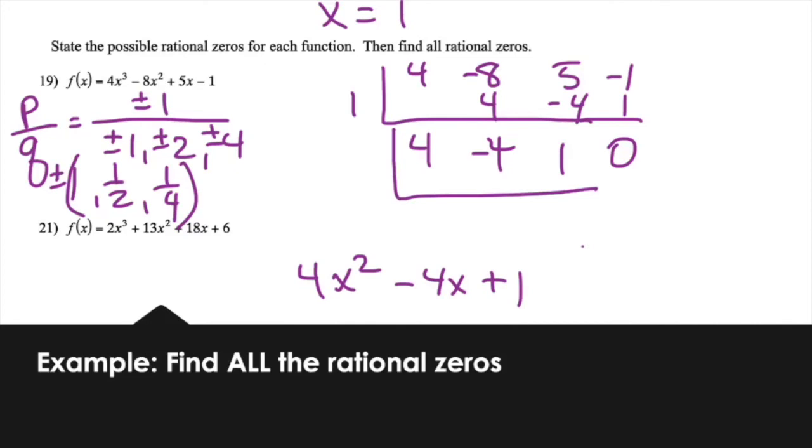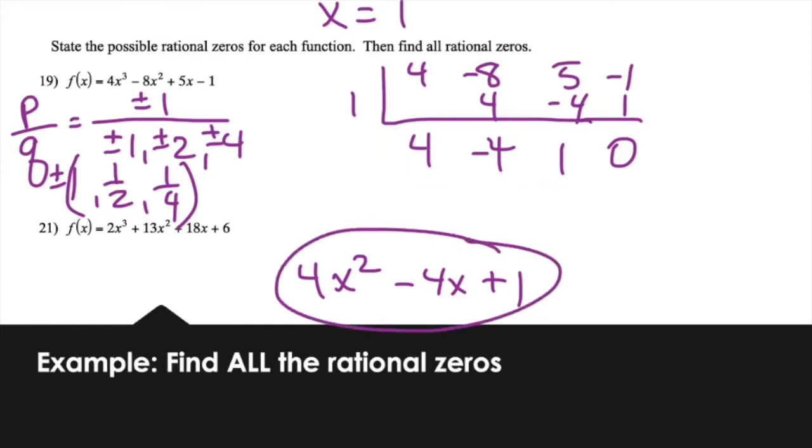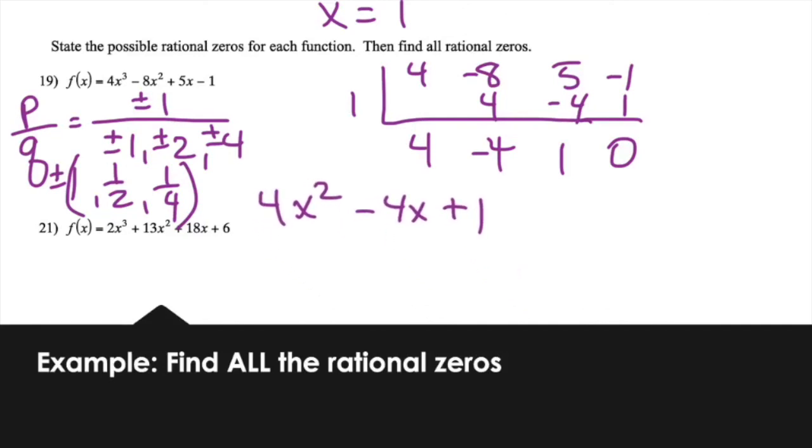With this, we guess again, maybe 1 works again, or maybe -1, or maybe a half or a fourth. So you can do either one of those. It's up to you. I don't like to guess, and I know that we can do the box method on this one, so let's do that one first. I think that's the best way.